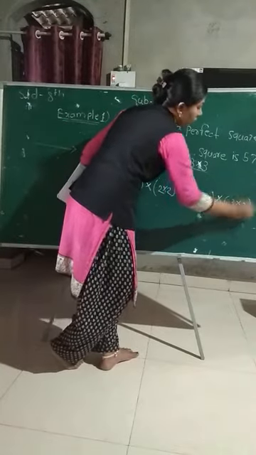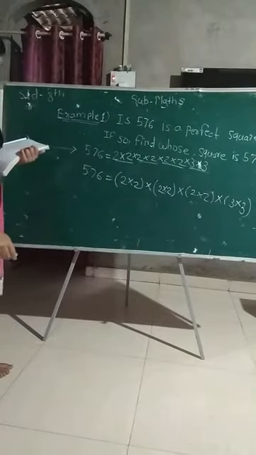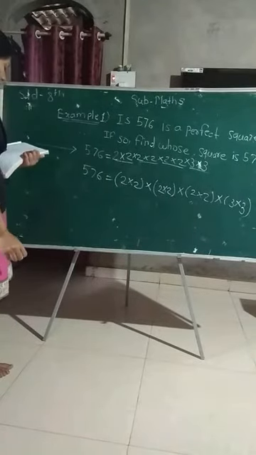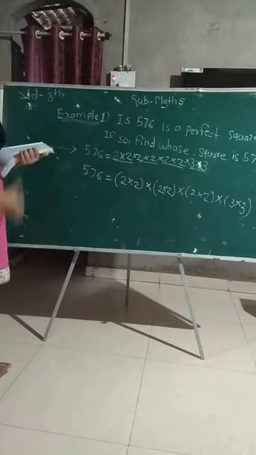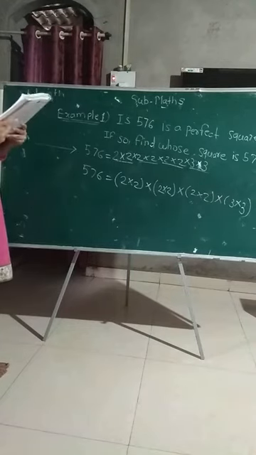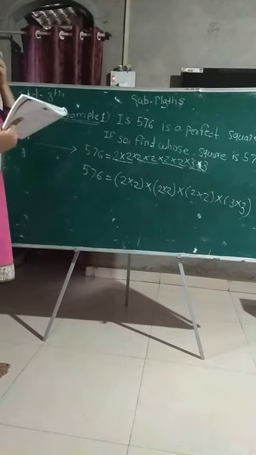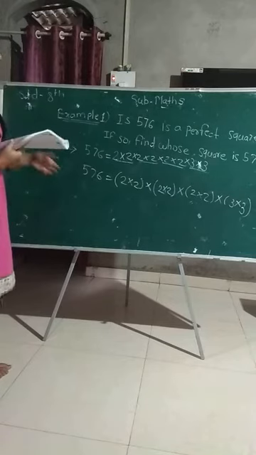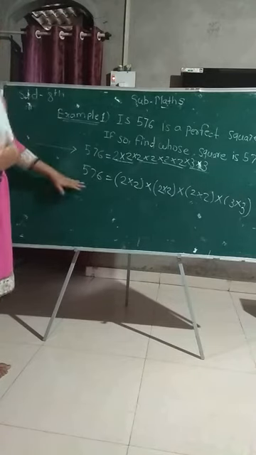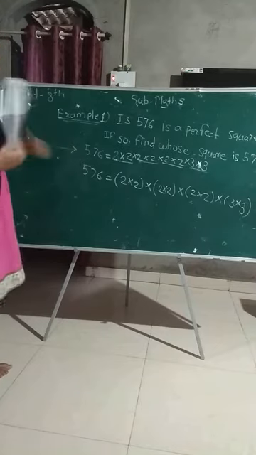We can see that after grouping the pairs of equal prime factors, no factor is left. Thus we can say that 576 is a perfect square. If there is no remaining factor after grouping, then we can decide the number is a perfect square.